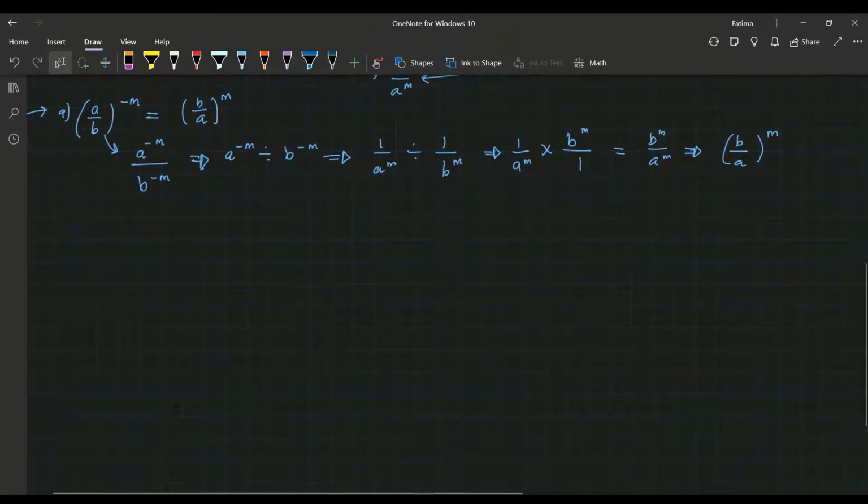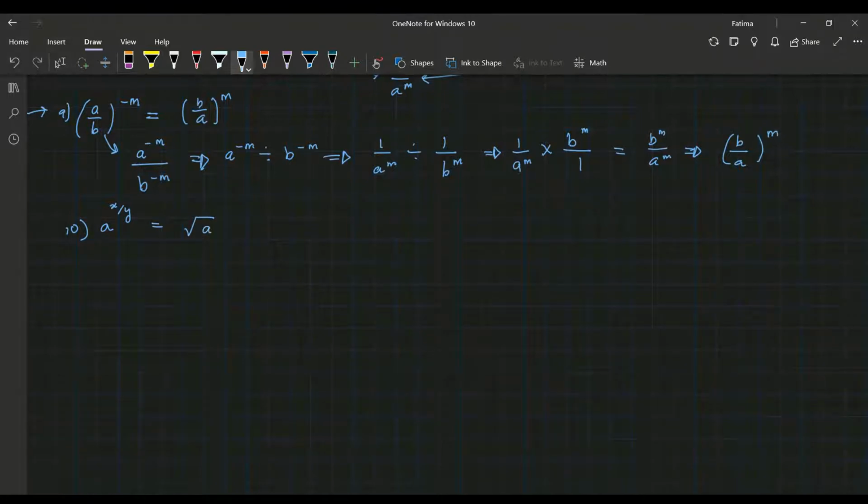Now moving on to the next rule. Let's say we were given a base raised to a fraction. In this case, it's always going to be a root with the base raised to whatever the numerator was, and the root would be whatever the denominator was. So let's say we were given 4 raised to the power half.